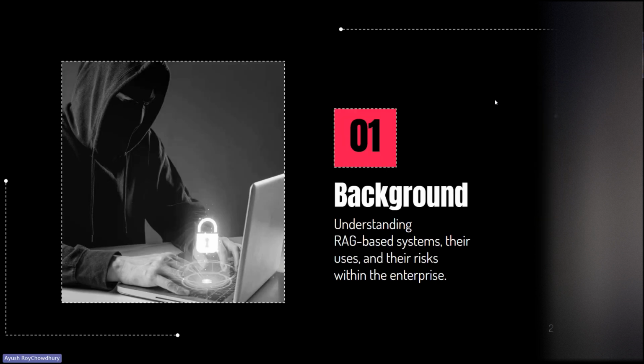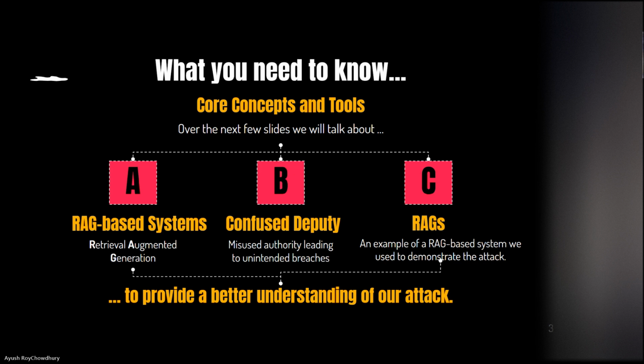So, before we begin, I would like to give all of you some background to understand exactly what RAG, or retrieval augmented generation based systems, are, which is going to be our focus today, their uses and their risks within the enterprise. What you need to know, some core concepts and tools: RAG stands for Retrieval Augmented Generation. Later on, we will go over how exactly that system works.